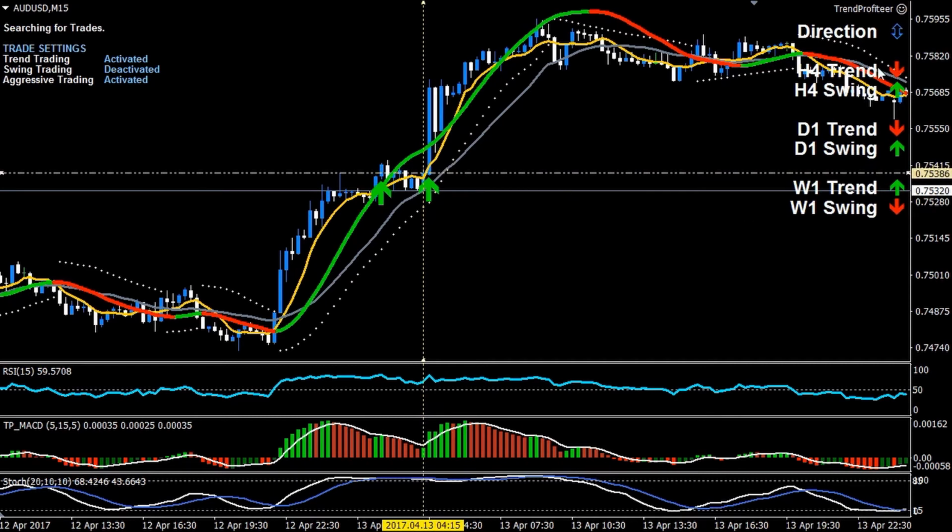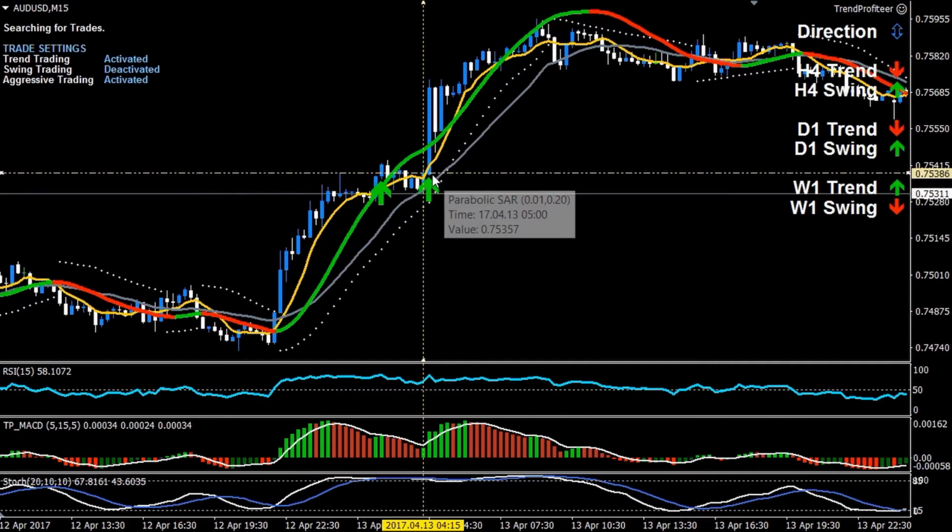Again, bidirectional market in place with no more than 3 arrows pointing up. The trend follower is green. The fast moving average, or the yellow moving average, is above the slow moving average. The price is equal to or above the fast moving average. In this case, it's just a tiny bit above the yellow moving average.